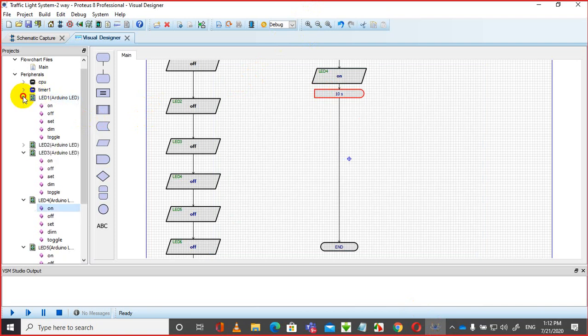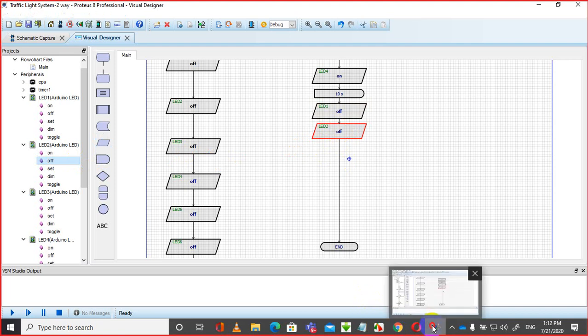This is the red and this is the yellow. They are low. That means they are off. Second lane, again yellow, this is the yellow one. They are off.